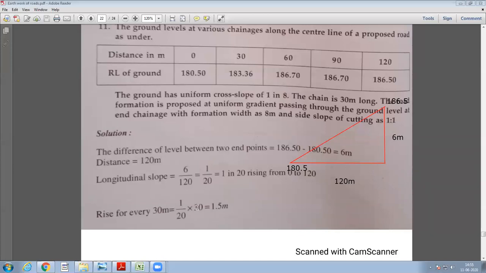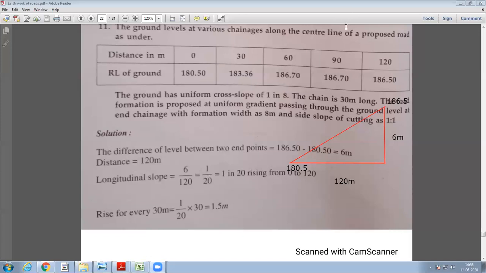So if you work out 30 by 20, you will get 1.5 meter. That means at every 30 meter interval, there is a rise of 1.5 meter. That means you have to keep increasing the previous value with 1.5 meter. You have to keep increasing because it is of a rising gradient.